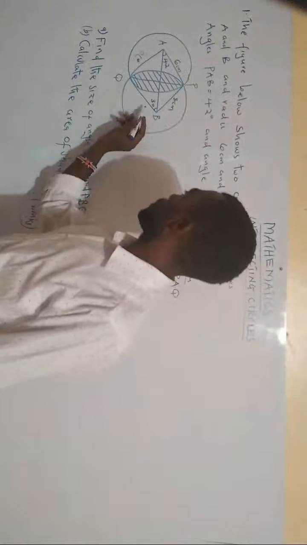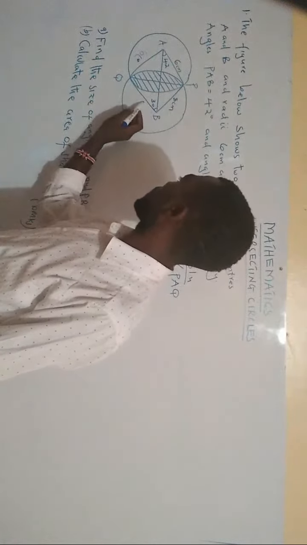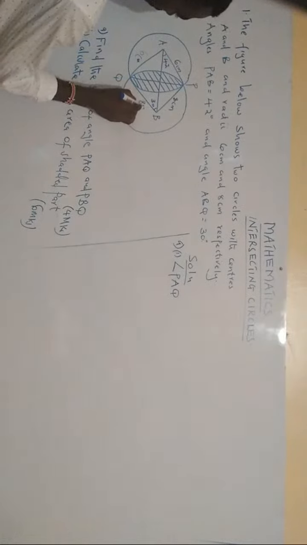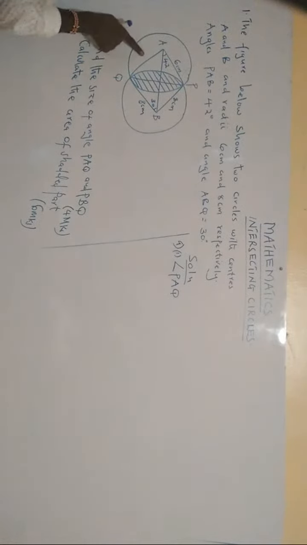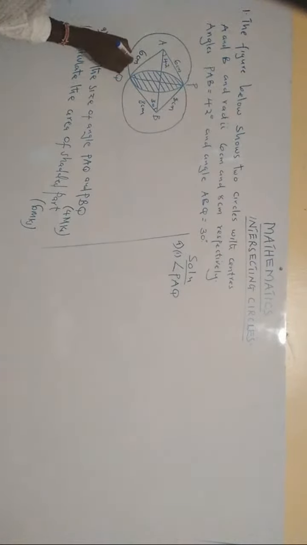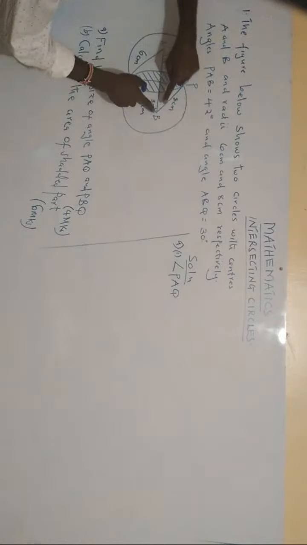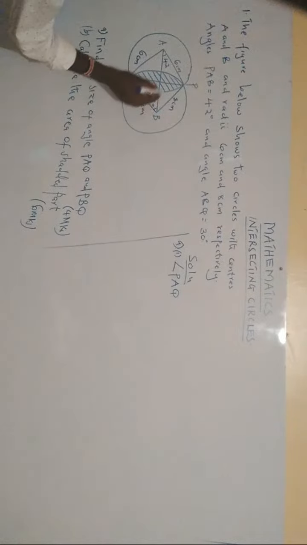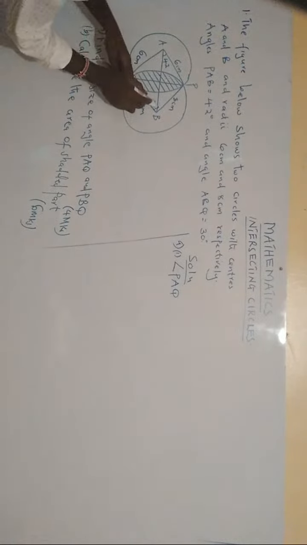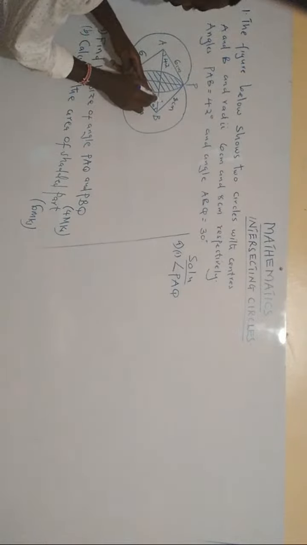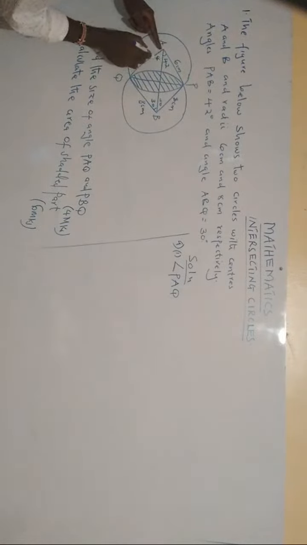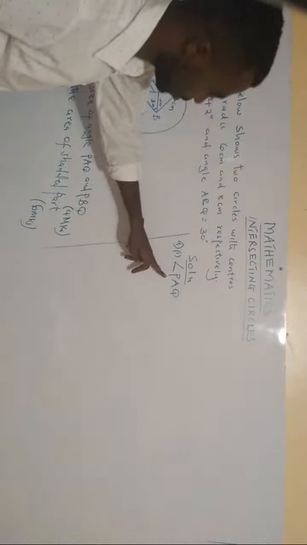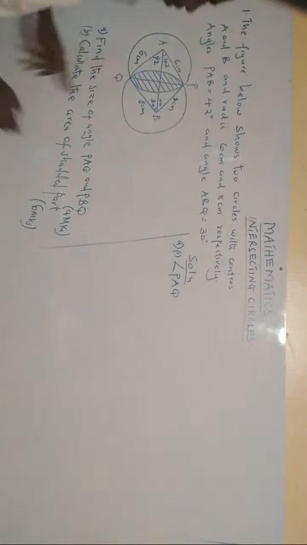As well, this is 8 centimeters. If these lines are equal, then this angle is equal, so this angle is equal as well. So this will be 30 as well, this will be 42 as well. So angle PAQ will be 42.